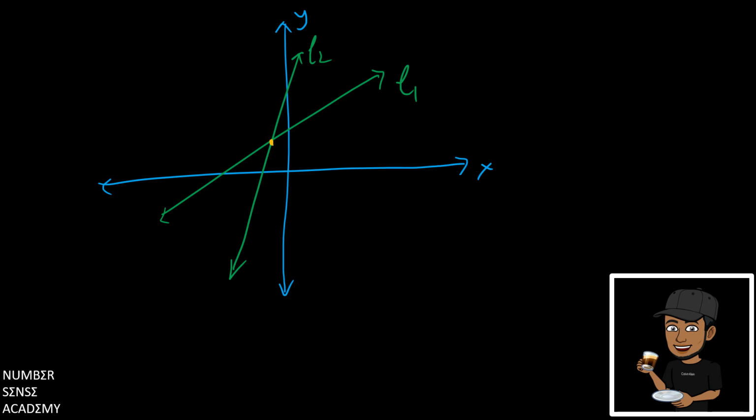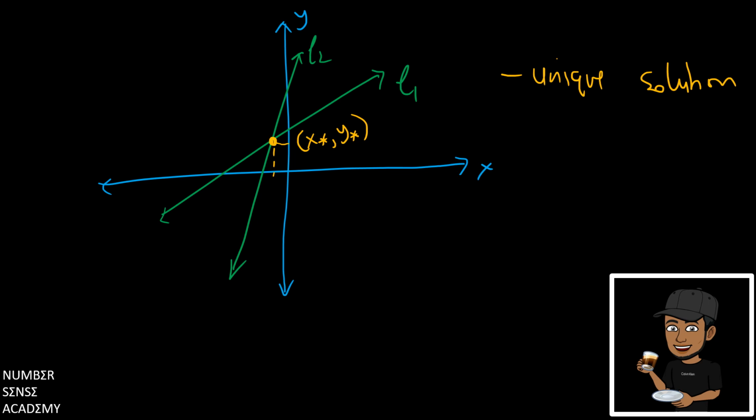Well, L1 and L2 meet right here. Whatever this point is, that's where they meet. We'll call it X star and Y star. So X star and Y star is common to both L1 and L2. All right, this is a unique solution. Should be pretty easy to remember. So if you see a graph where the two lines meet at one point, they are consistent and independent.